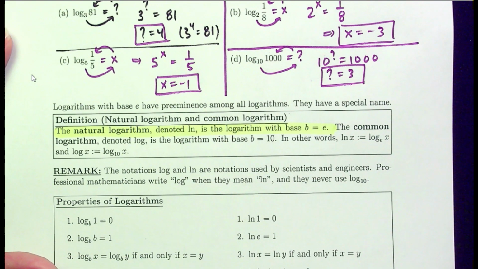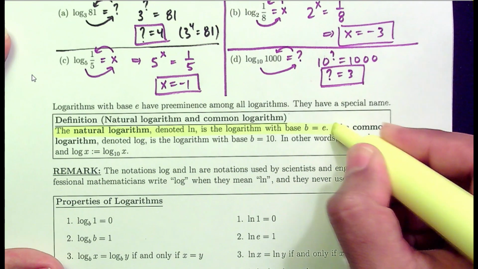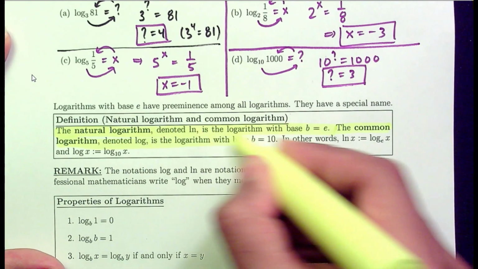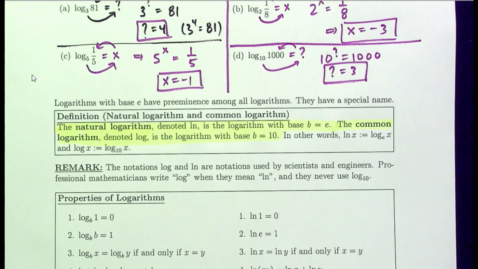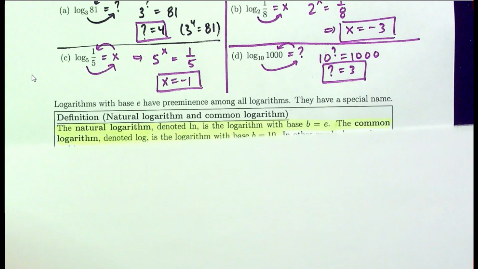When the logarithm has base 10, we call that one the common logarithm. So there are two logarithms that have special names attached to them, base 10 and base e. Base 10 is called the common logarithm, and base e is called the natural logarithm. And we have special notation for both of them.